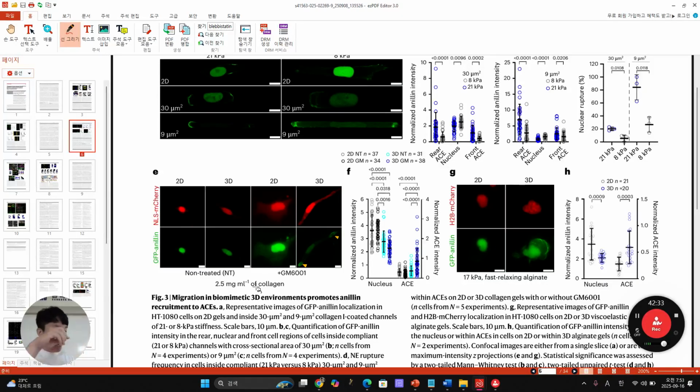So when they migrate the cell in 3D structure, they need very much power. So they check 2D, 3D with collagen, and then 2D, 3D with GM. GM means MMP inhibitor.